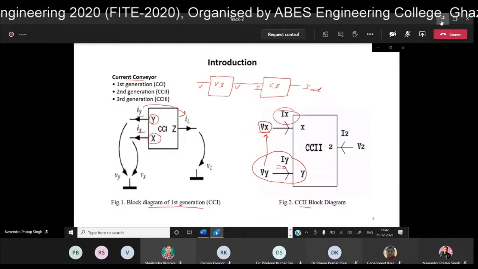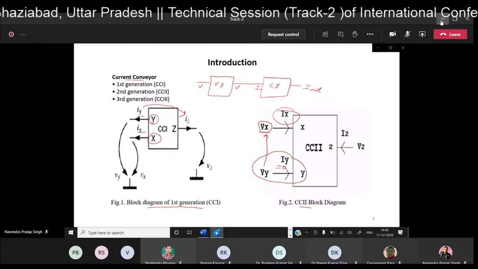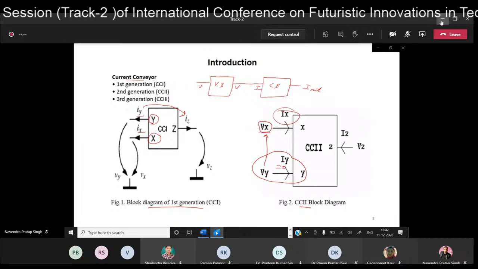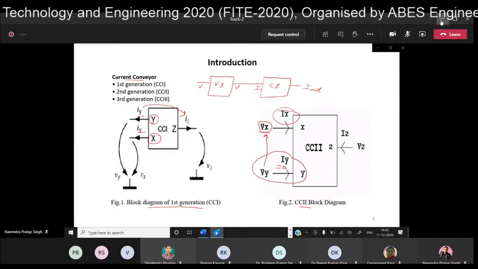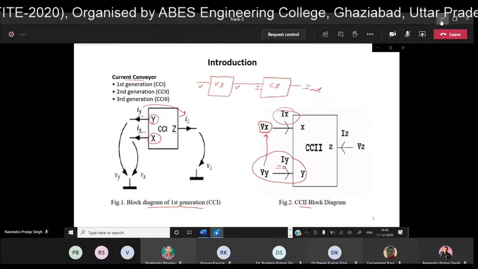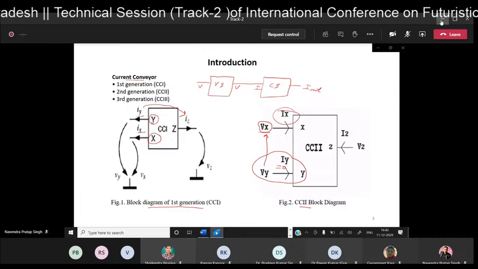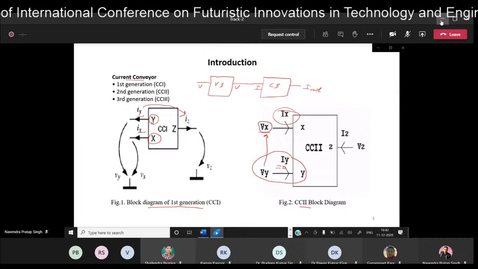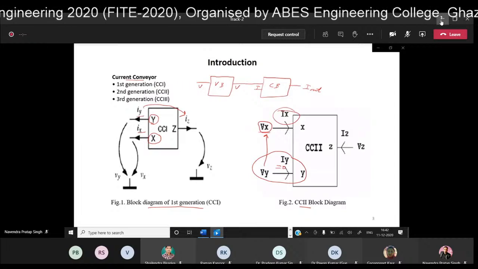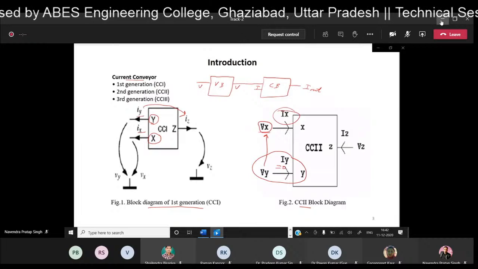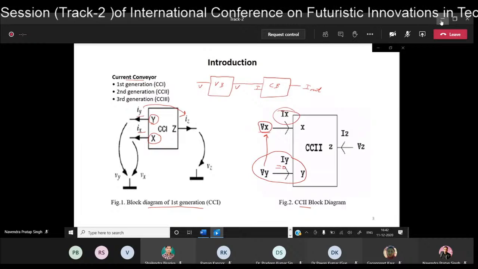Here the author has proposed how multifunction filter can be implemented using this CCI. What we want to obtain in a multifunction filter is all the functionality, that means low pass, high pass, band reject, all filters should be implemented. This is the approach which the researcher has taken.